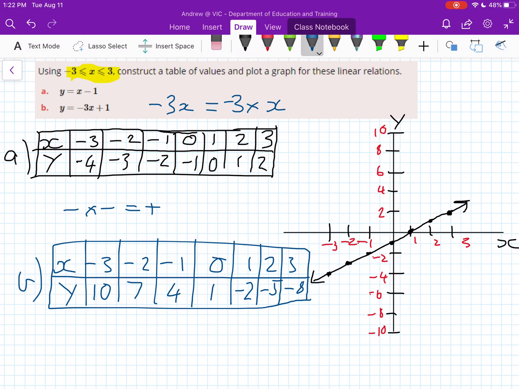In our second example here, we need to plot these values. So we go to x is equal to -3, and the corresponding y value is 10. So we need to go all the way up to 10 here, and I'm doing this one in blue.